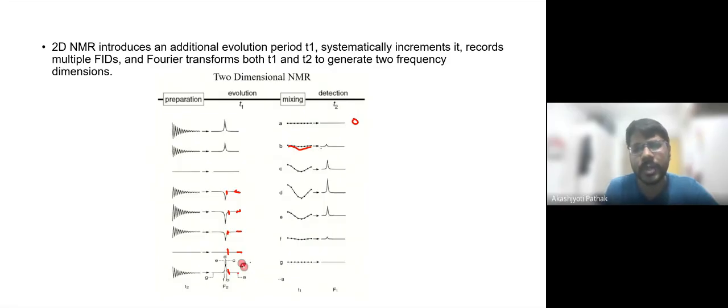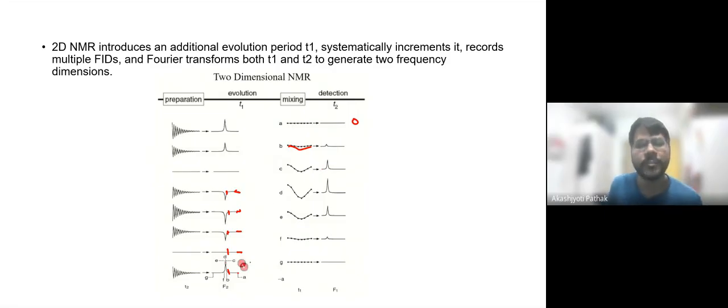So when you deconvolute it, the Fourier transform of this signal will give you a small positive peak. Then at point D, if you combine all these frequencies, you get a very sharp dip in the signal in the FID. So when you Fourier transform it, this will give you this type of signal.